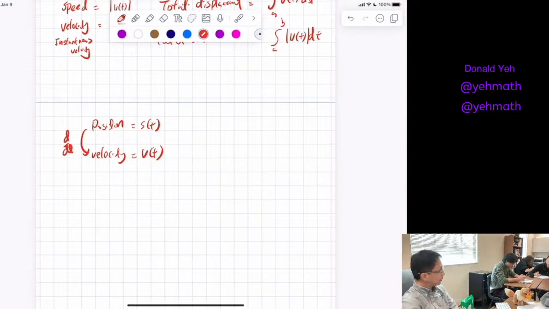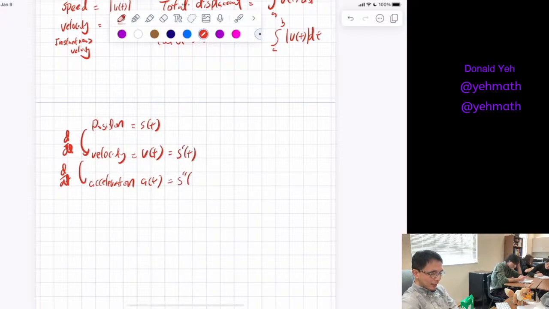If you take the derivative, it goes into velocity. You talked about that in the first kinematics test when we were doing projectiles. How about acceleration? It's a of t, so that's going to be d/dt again, if I take a derivative. Now this is also known as s prime of t. And this is also known as s double prime of t, or v prime of t. So they are the same thing.